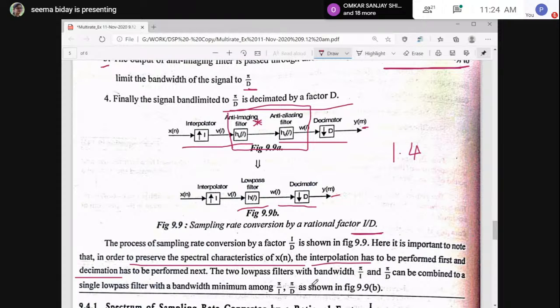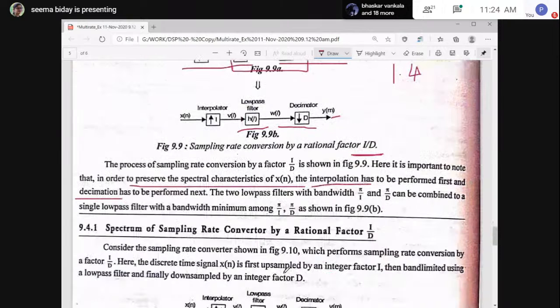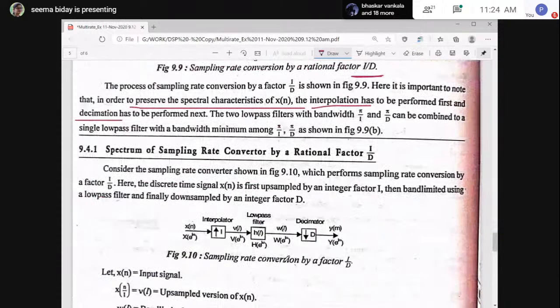Because both are low pass filters, you can use the low pass filter whose bandwidth is the minimum of pi by I and pi by D. If one bandwidth is 1 kilohertz and the other is 2 kilohertz, then the 1 kilohertz pi by I can be used, only one, right? So now go for the next one.